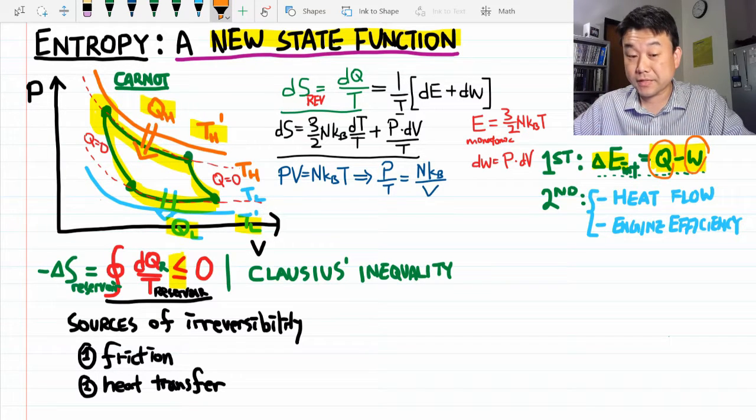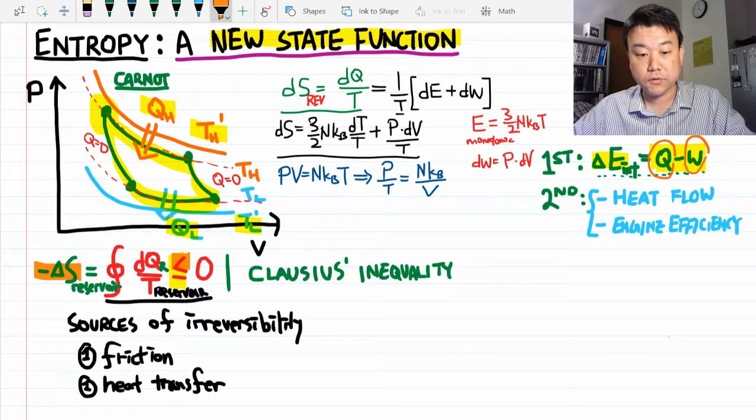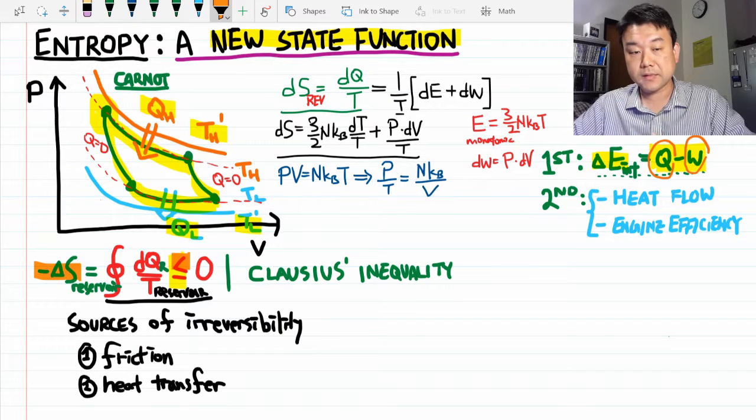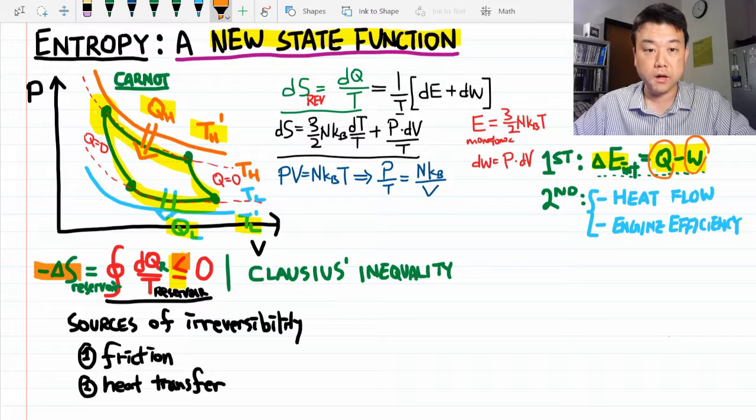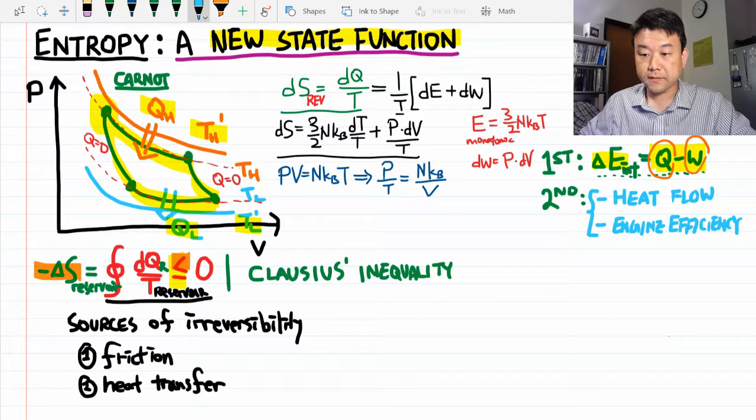What Clausius's inequality is saying is that for the surroundings, it's not always going to be zero. If that cycle for the engine took place using irreversible processes, then this minus change of entropy of the reservoir is going to be negative, meaning the change of the entropy of the reservoir is going to be positive. And this is the third statement of the second law of thermodynamics: the change in entropy of everything.